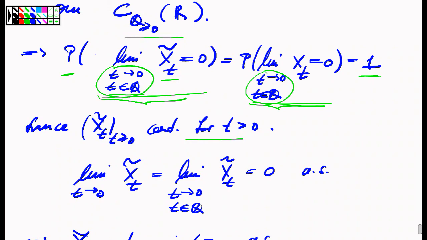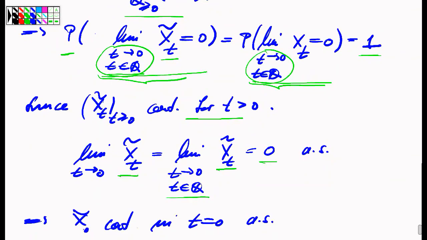On the other hand, we know that outside of t equals 0, the process is continuous. So the trajectories are continuous, almost surely, everywhere except possibly at 0. But the continuity when restricted to the rational points, together with the continuity of trajectories elsewhere, implies that the convergence is also correct for any sequence of numbers t tending to 0, regardless whether it's a rational or not rational sequence of points.